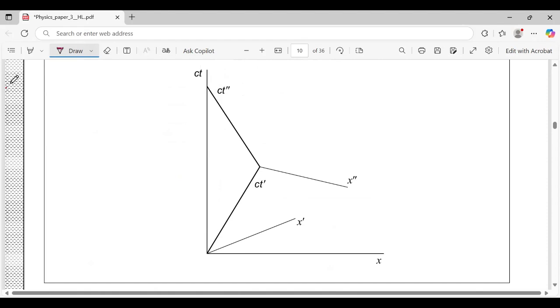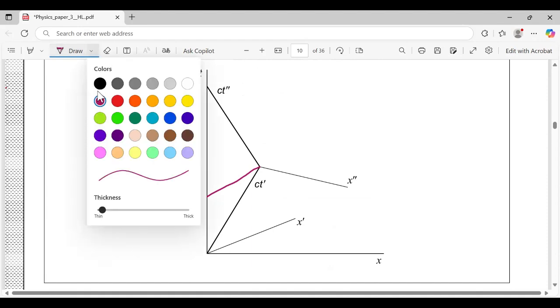So t1 first. t1 is parallel with the x-axis, so it is going to be like this. Okay, this is t1.